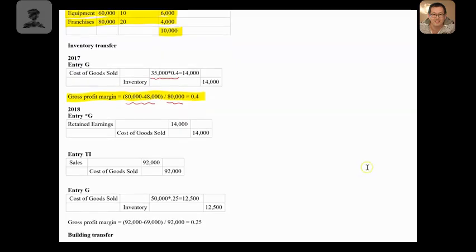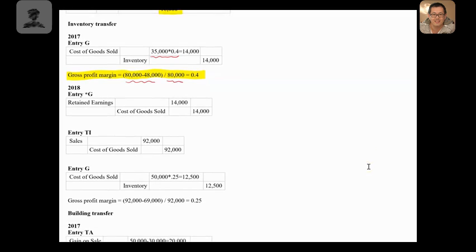And the last entry is entry G. Entry G is to defer this year's unsold inventory. So in this year, we also need to first calculate the gross profit margin related to 2018's inventory transfer, because they have different transfer price and cost. And still the numerator is the profit, equal to the transfer price minus cost, divided by the total transfer price of sales.